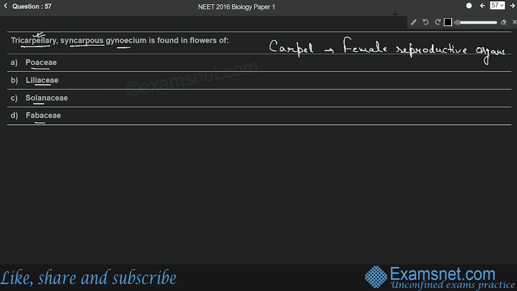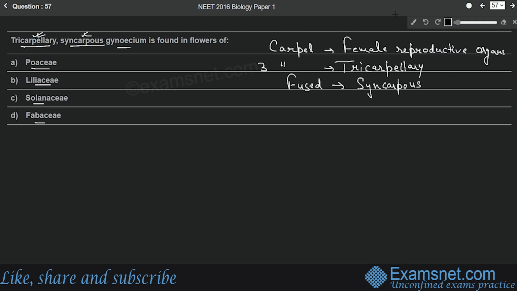Now, tricarpellary means three carpels. So, those flowers which have three carpels are known as tricarpellary. And what is meant by syncarpous? When the carpels are fused, then these are known as syncarpous.